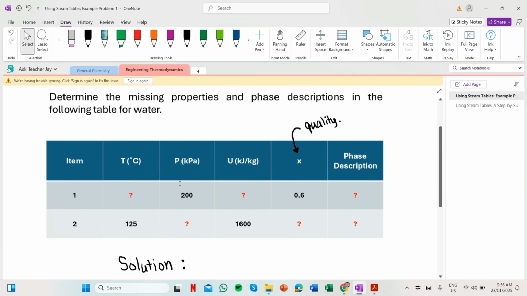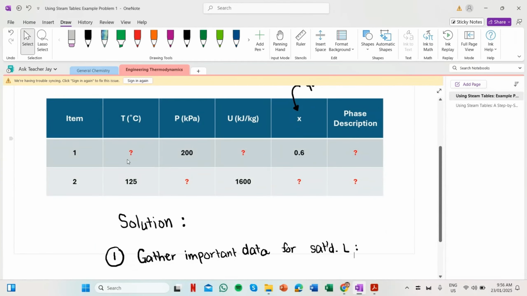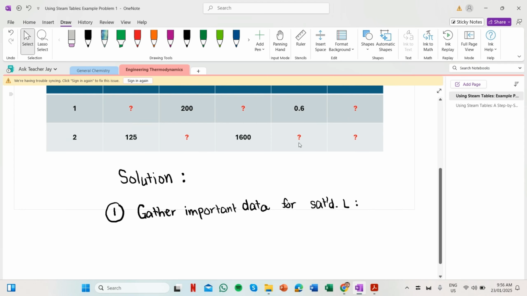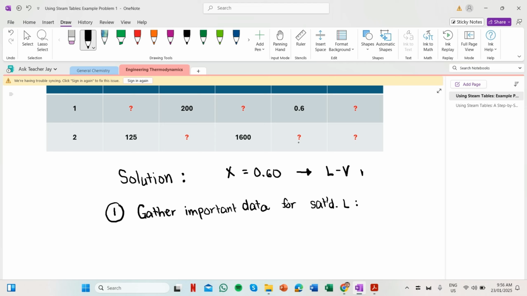So what I have here is I don't know the temperature and I don't know the internal energy of the system. But of course, I already know that this is a liquid vapor mixture. So I'll write here X is equal to 0.60. This is a liquid vapor mixture.